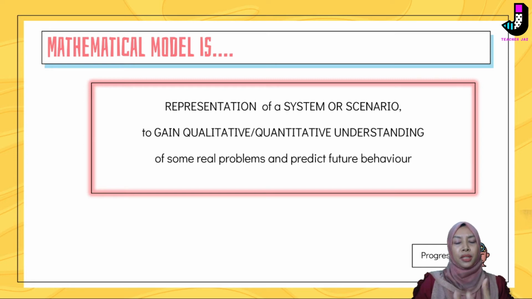So for example, I can take these COVID-19 cases. It is a problem to us. So the researchers are going to solve it, but they will translate it into a mathematical problem first, and then they will collect all the data and find a mathematical model from it and try to solve it.